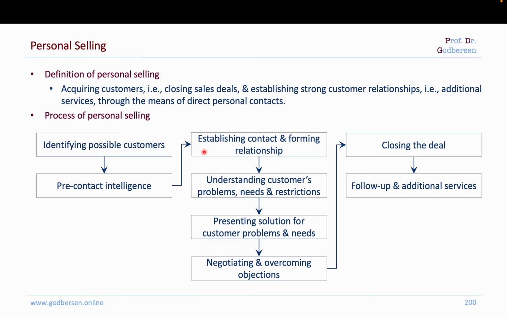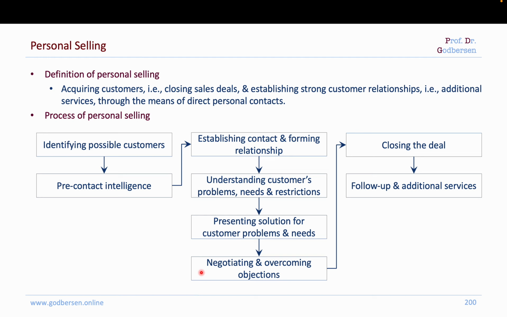Then you establish first contact and form a relationship. You then understand, really understand, the customer's problems, needs, and also their restrictions. Based on this knowledge, you present a solution for the customer's problems and show him his needs will be fulfilled, he will be happy. Quite often there will be negotiations, as the customer potentially doesn't want to pay the price you would like to have.